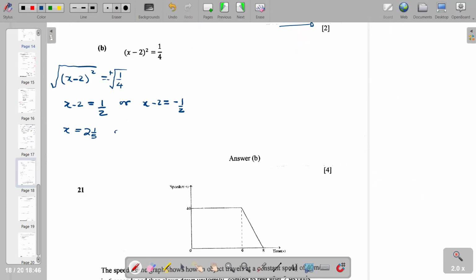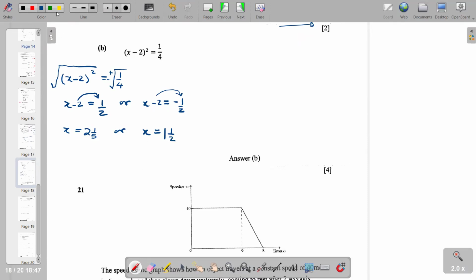Or here we just transposed this one, putting it there, or our x here will be equal to, when you take the 2 to this side, minus half plus 2 is going to be 3 over 2, which reduces to 1.5.